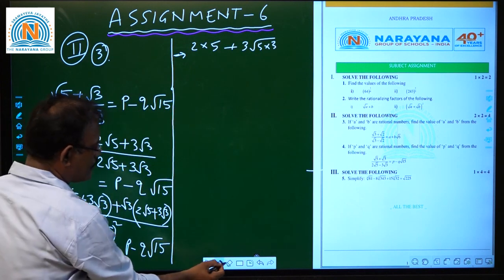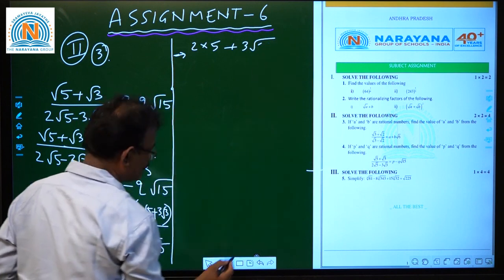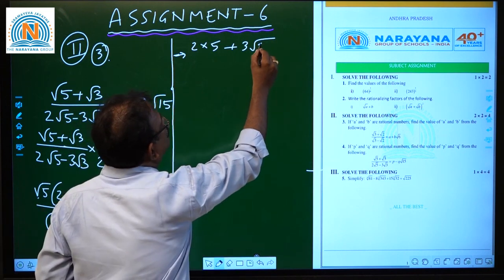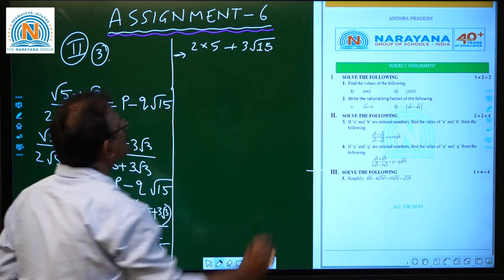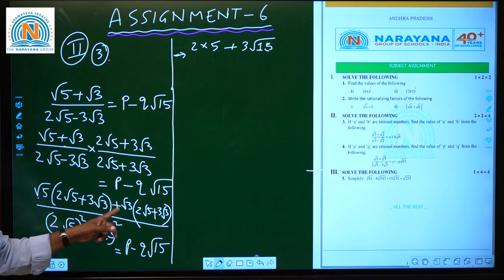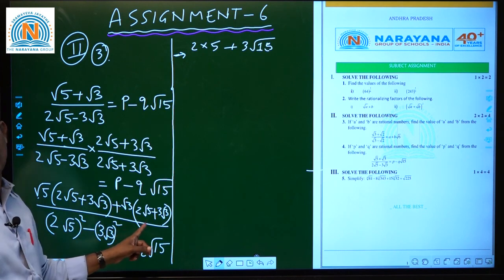So 5 3s are 15. Okay, next plus √3 into 2√5.